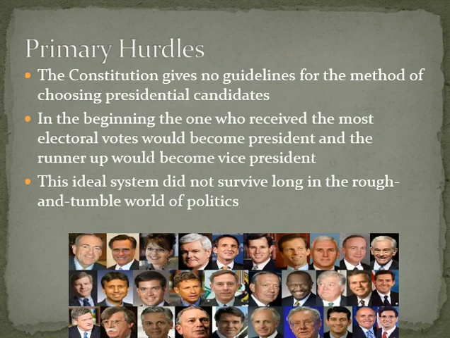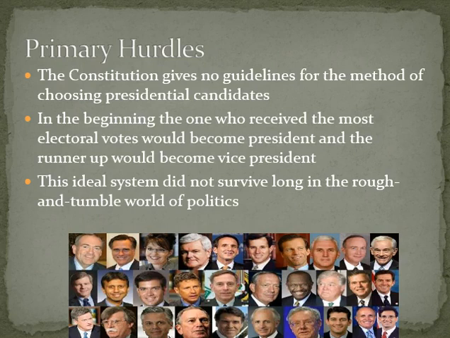Alright, so primary hurdles. The Constitution actually gives no specific guidelines for how to choose a presidential candidate. As long as they meet the criteria that we talked about before, they can be considered a candidate for the President of the United States.